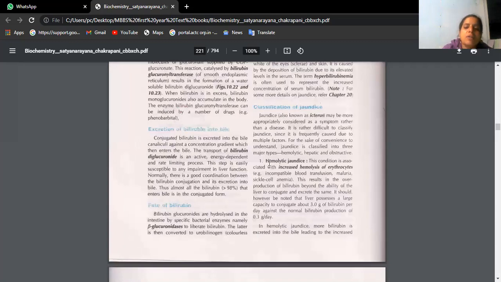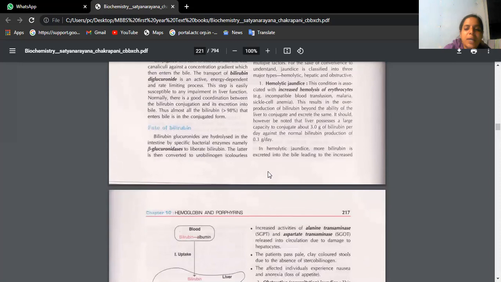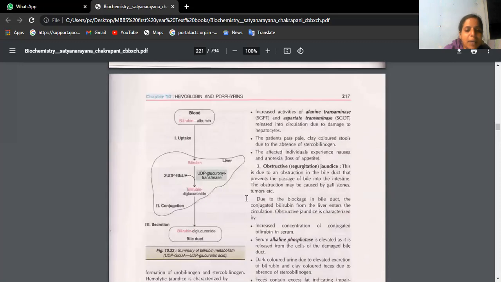Pre-hepatic jaundice can also be called hemolytic jaundice. Hemolytic in the sense that here the lifespan of RBC has been reduced and more RBCs are being broken down. Best examples are sickle cell anemia, incompatible blood transfusion, malaria. In all these conditions, you will see RBCs are being broken down more. That type of jaundice is called hemolytic jaundice.